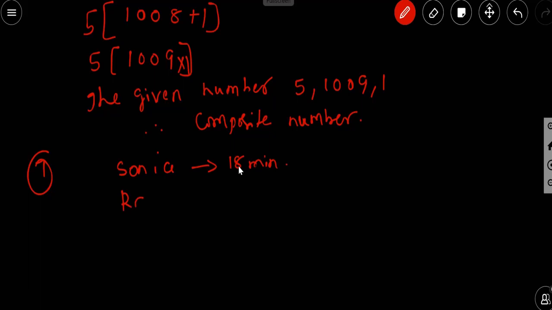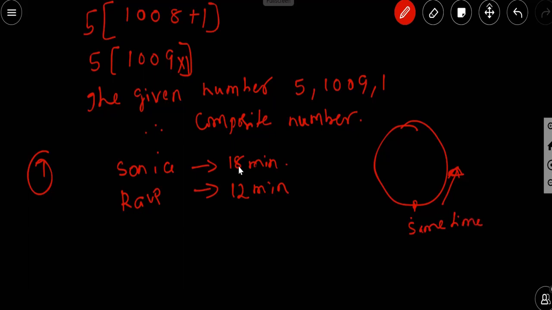One more person, Ravi, takes the same path, but he completes it in 12 minutes. Both are moving in the same direction and starting at the same time, so at some point they will meet at the same point.